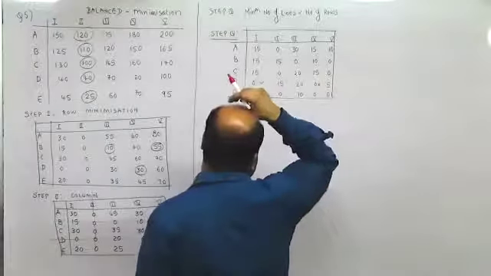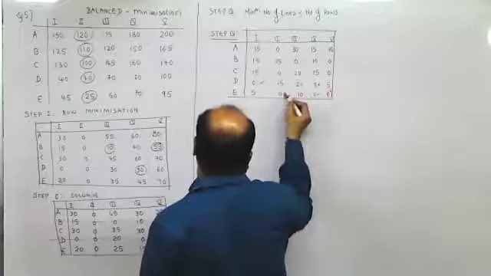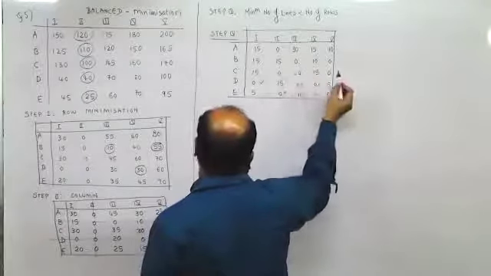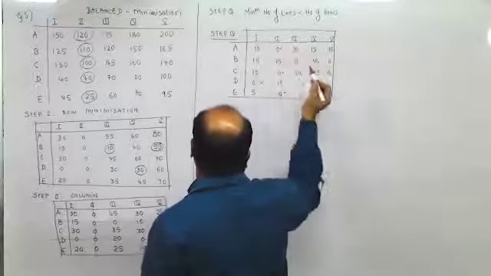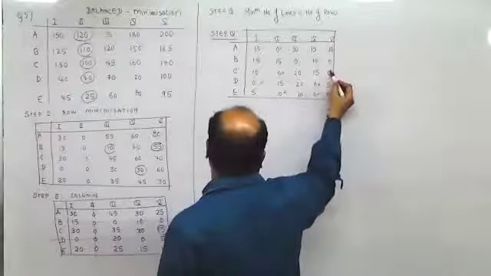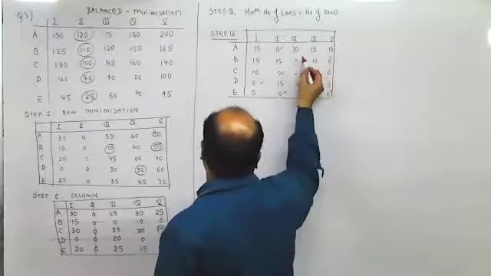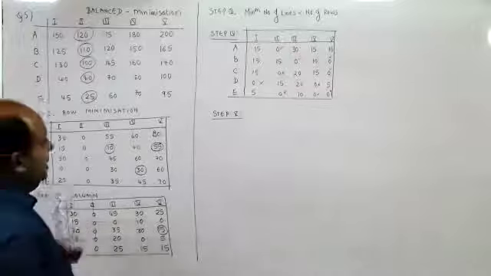Then if I consider this, these two get cancelled. If I consider this, this gets cancelled. And if I consider this, this gets cancelled. So equal number of lines equal to number of rows.